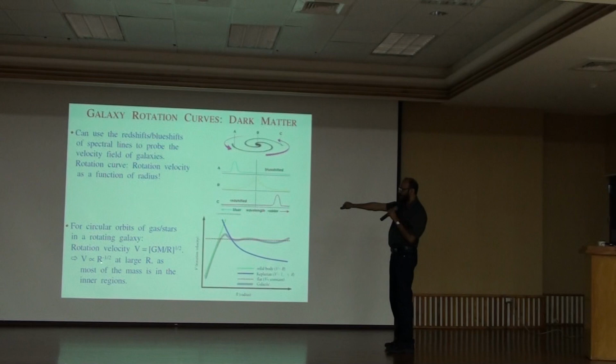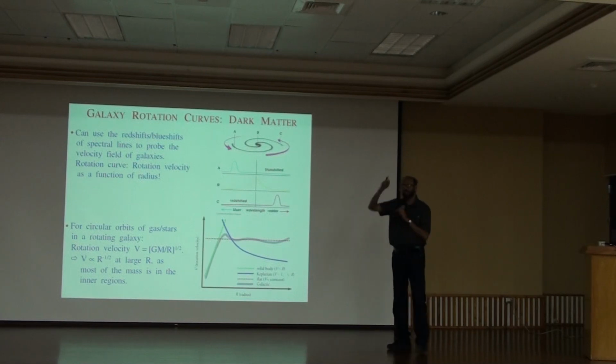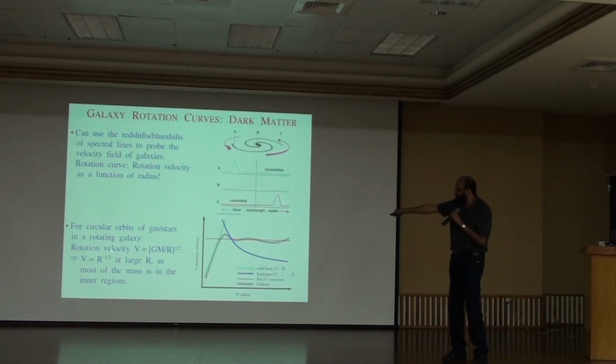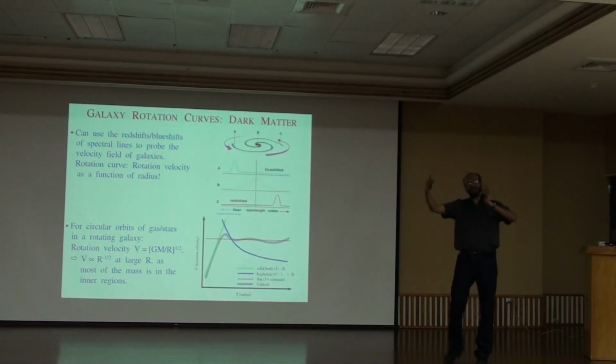So as I keep increasing r, the velocity should drop as I go further and further out. And it should drop by this functional form, r raised to minus half, because all the mass is inside. So that's what you expect.